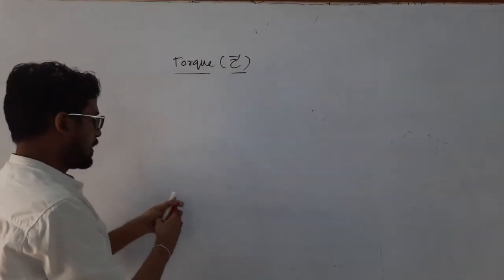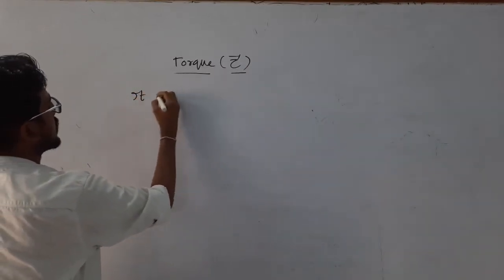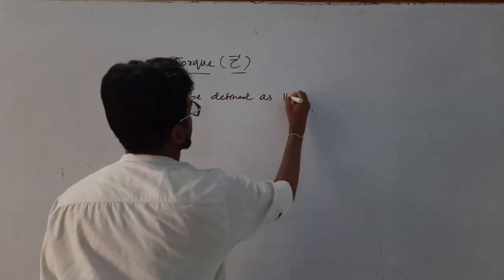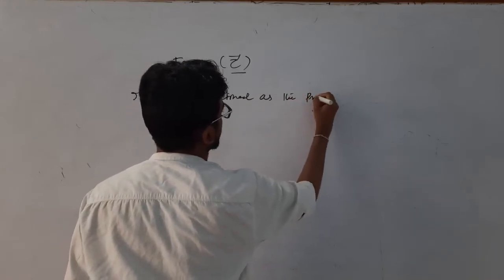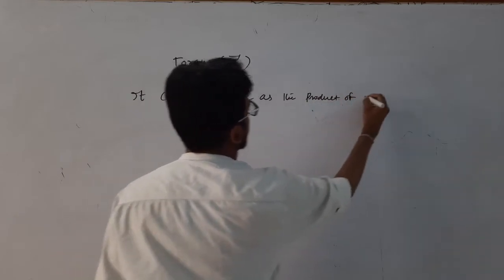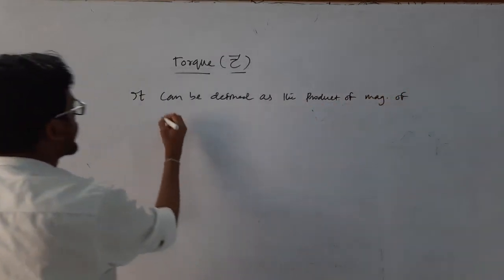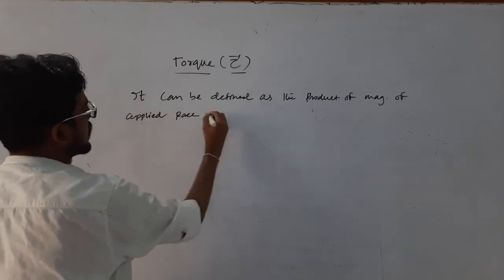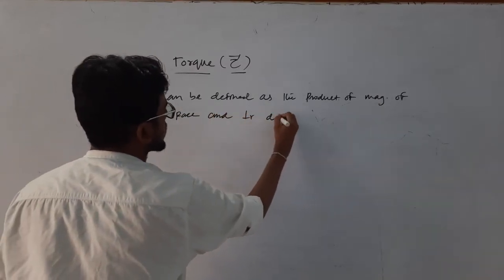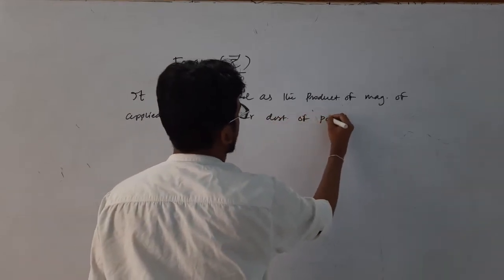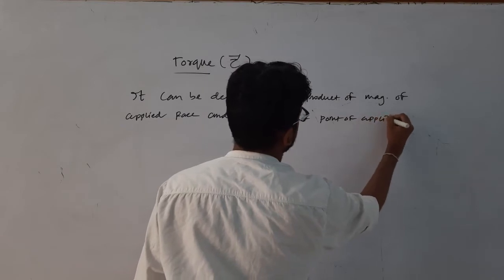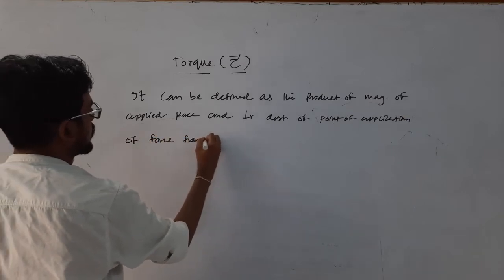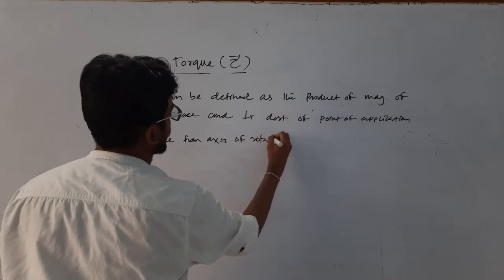Clear? So torque can be defined as the product of the magnitude of applied force and the perpendicular distance of the point of application of force from the axis of rotation.